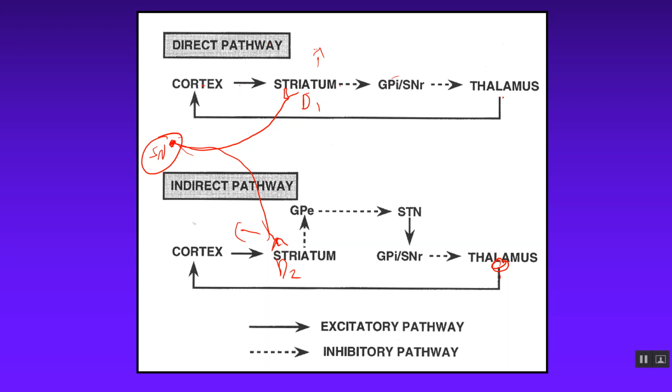Let's not inhibit the indirect pathway so much. We want to be quiet and not move. But then when we want to move or do something really explosive, we've got to squirt more dopamine in there, really ramp up that direct pathway and turn down that indirect pathway. So that's what dopamine does. Sort of make sense?